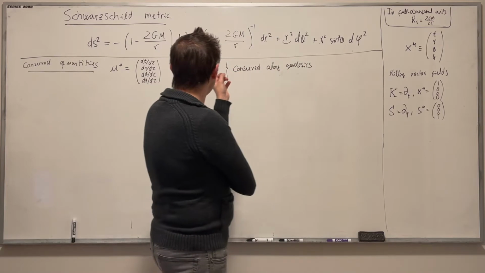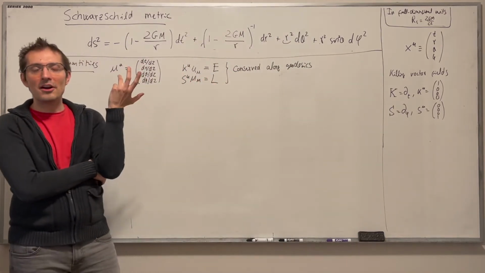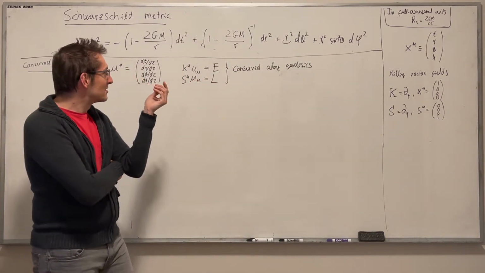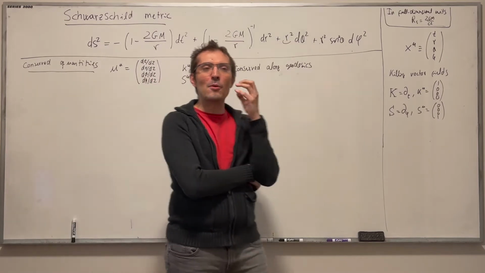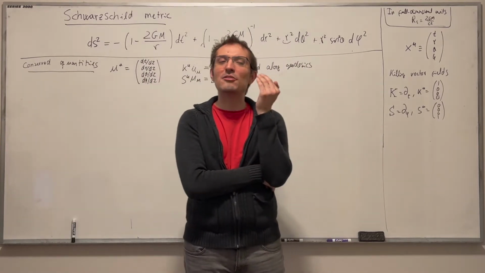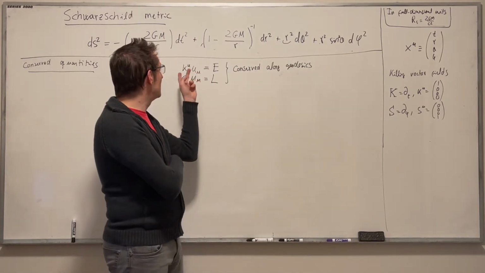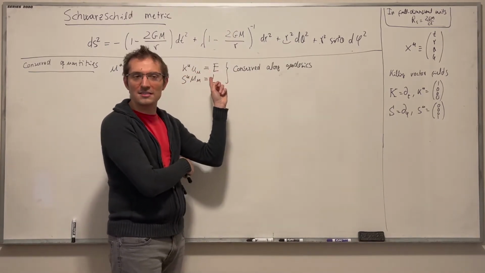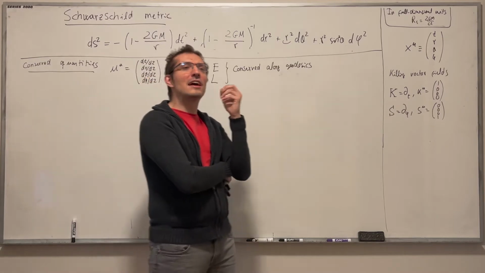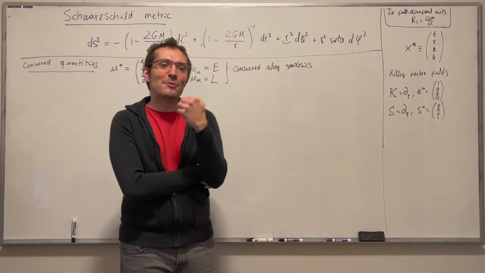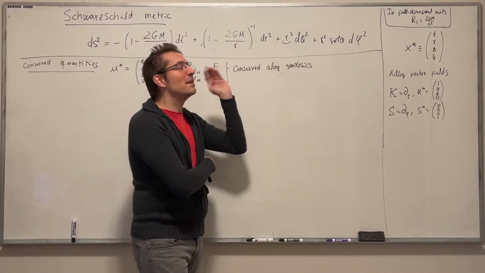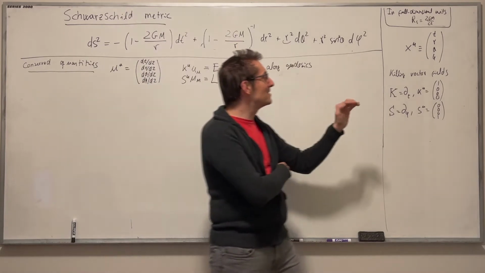Well, E is related with time translational invariance at infinity. So E would certainly be a way of an energy in a way, but we have to be careful because while every observer would agree that this quantity is conserved along the geodesics, what they may not agree is that that is an energy. They would agree that that is an energy from the point of view of somebody stationary at infinity.